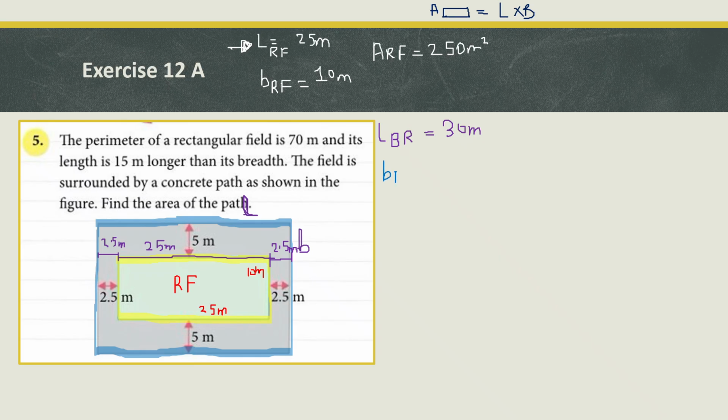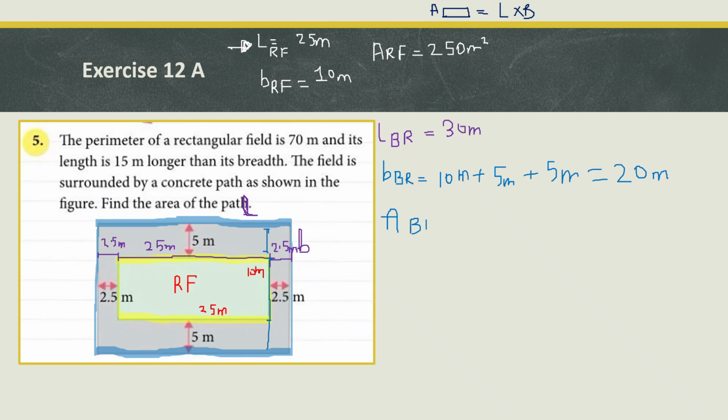And breadth of big rectangle is equal to this 10 meter plus this portion, that means if this is 10, so this portion is 5 meter at the top, and this is bottom 5, that is 20 meter.